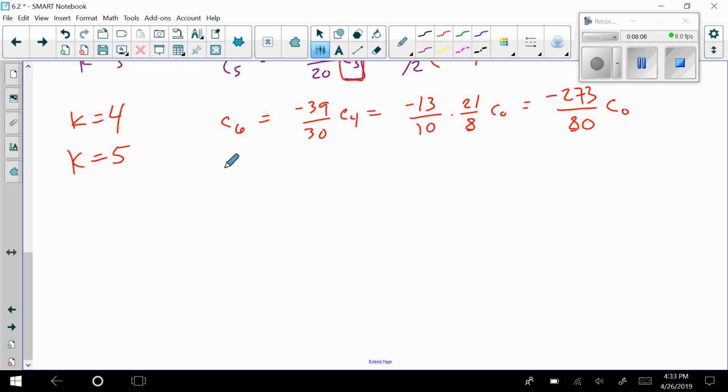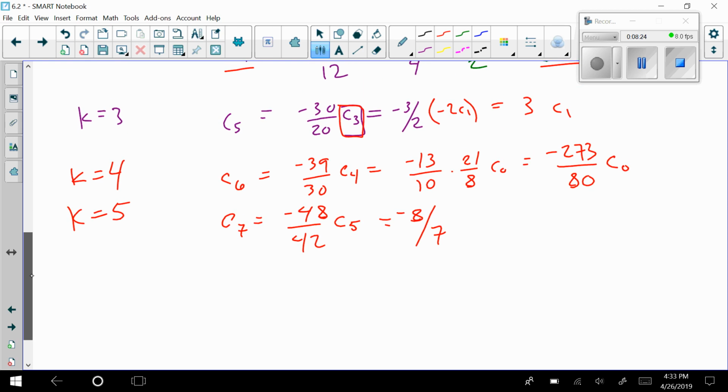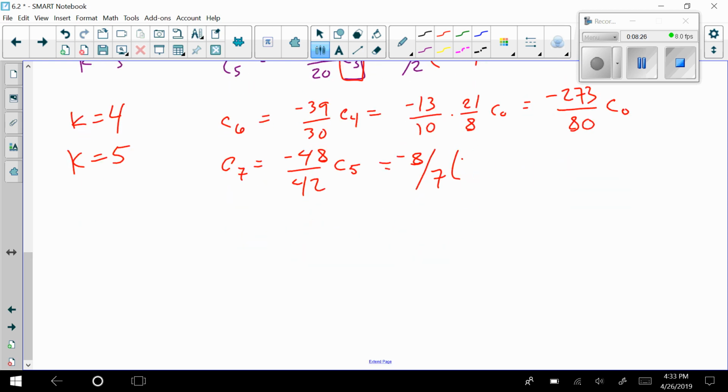Okay, if I did one more, this is C sub 7 equals, this would be a negative 48 on top, this is a 42, C sub 5 down here, equals, those do simplify, it's negative 8/7 C5. Oh, but we know that C5 was 3 C1, which then gives me a negative 24 over 7 C sub 1.